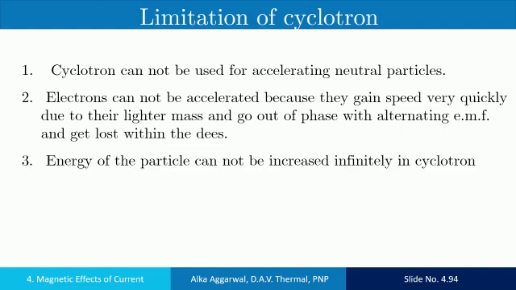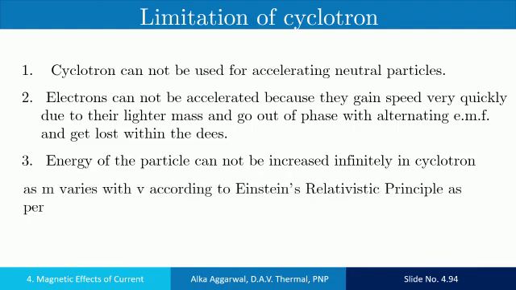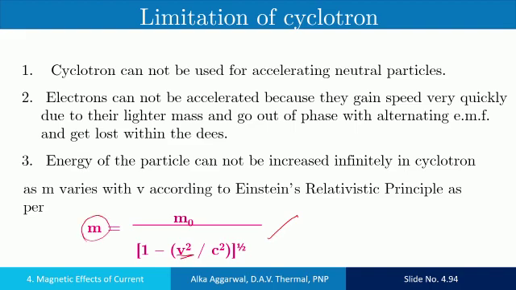The energy of the particle cannot be increased infinitely in a cyclotron, as m varies with v according to Einstein's relativity in this way. When v is comparable with c, the value of m is very high.